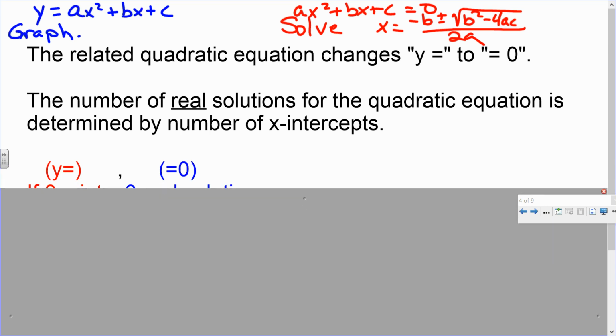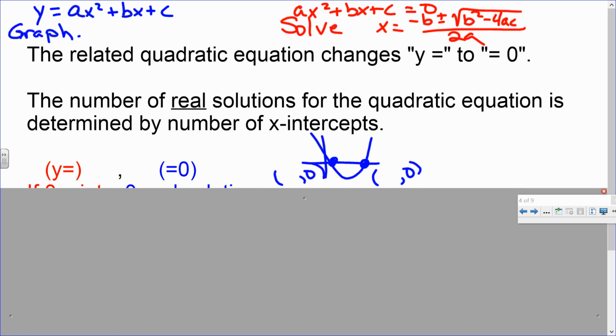The relationship between them is the x-intercepts are going to be related to the real solutions. So if I drew the parabola and these were my x-intercepts, that means I have points that are something comma 0.